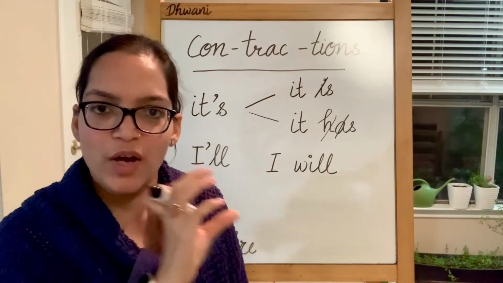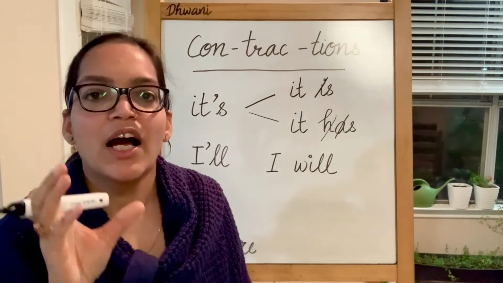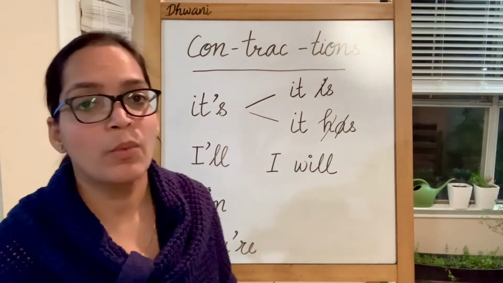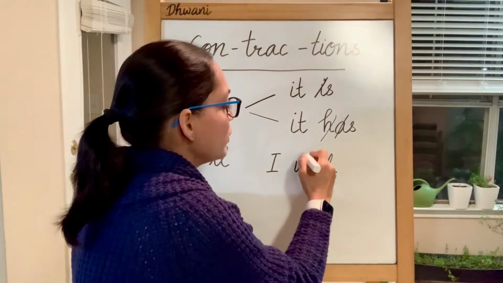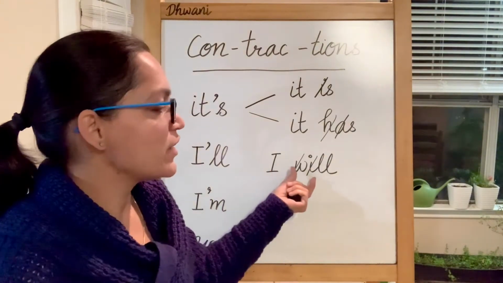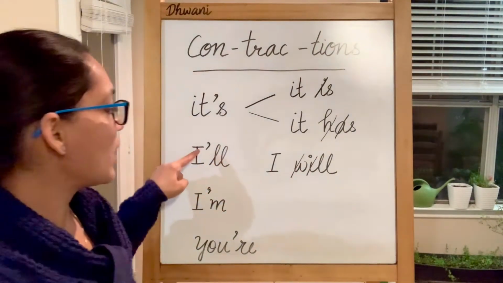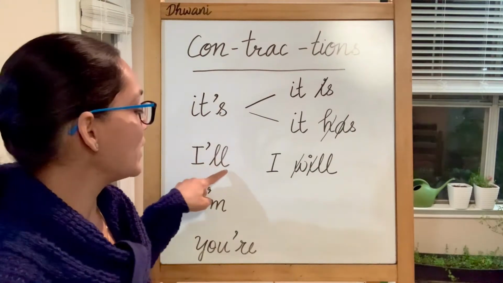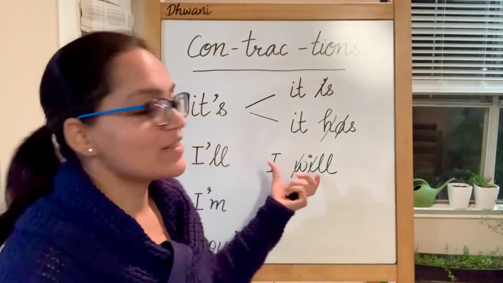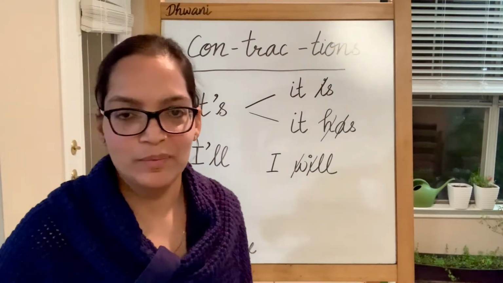In place of I and will, I use just one word, which is I'll. What did I do here? I removed W and I. So in place of this W and I, I put an apostrophe and keep my L and L over here. So I'll is a shortened form of I will.